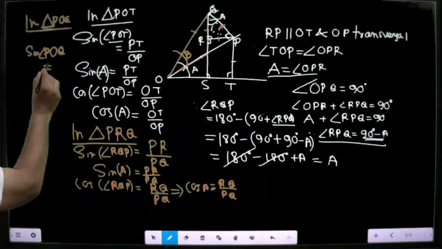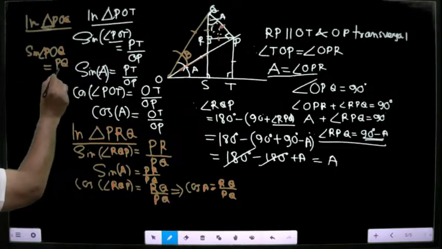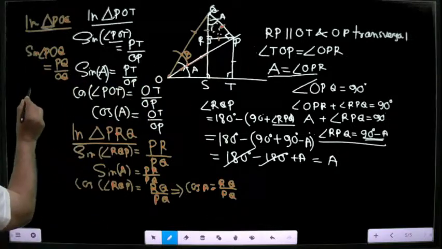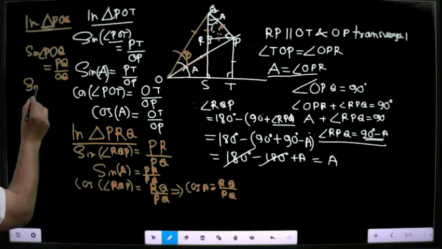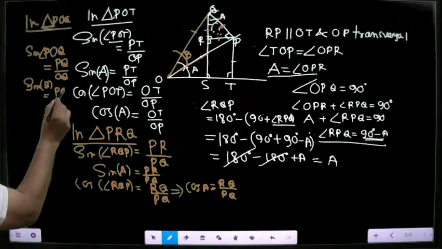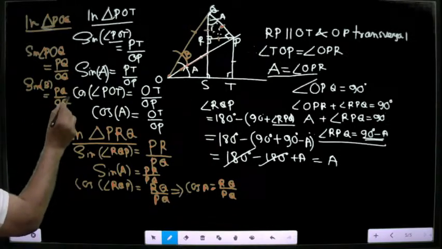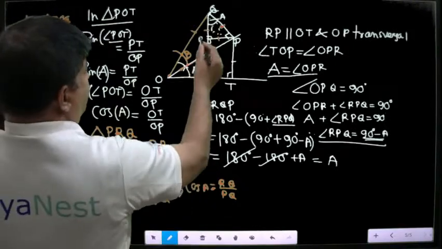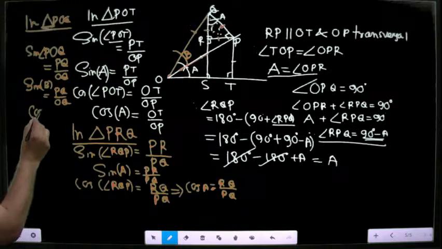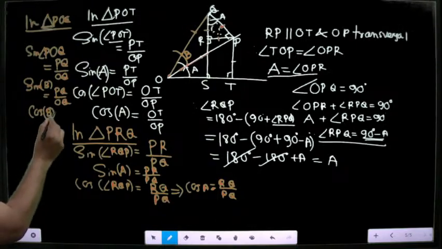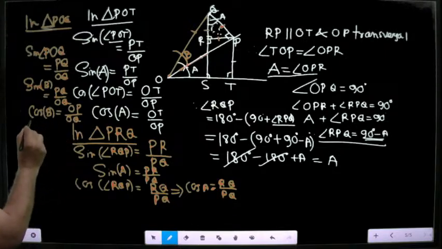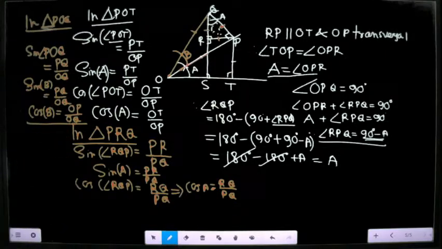Sine POQ is PQ by OQ. POQ means B, so sine B is PQ by OQ. Similarly, cos B is OP by OQ.